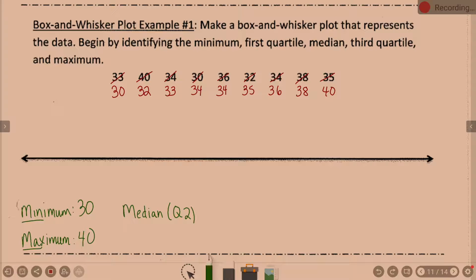She says 34. And specifically it is that specific 34, correct? Yeah. And it's important to know because whether that's the middle number or it's in between two middle numbers makes a difference in how we proceed with the rest. Okay. So now we need to find our quartile 1 and our quartile 3.